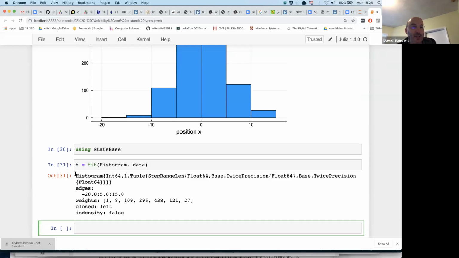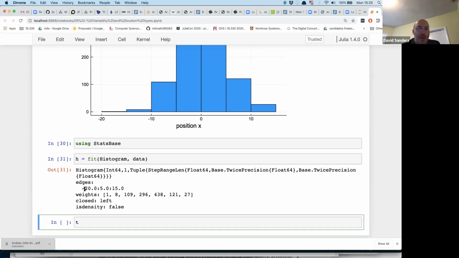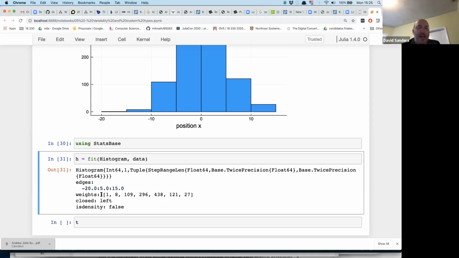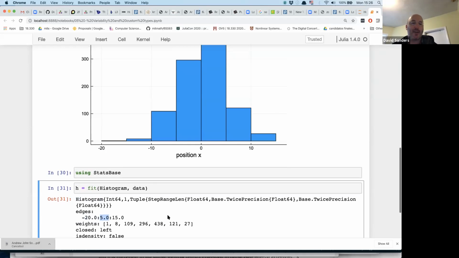And what that actually gives me is it returns a histogram type with all of this data inside. So it chose edge widths, and it gives me the weights, the number of things in each of those bins. So these are the edges of each bin. So this :5 means step length 5. So it's also doing the same width 5 bins, and it's actually giving me the heights.